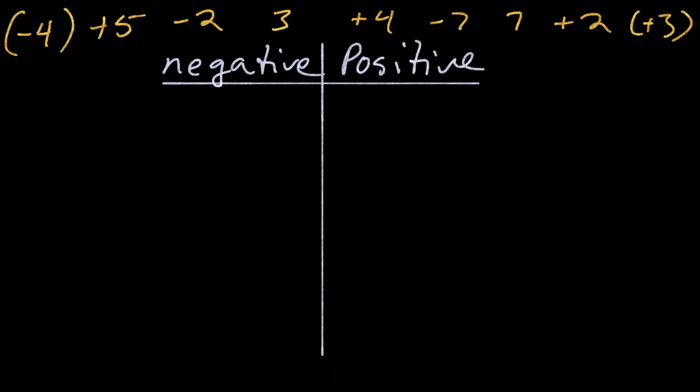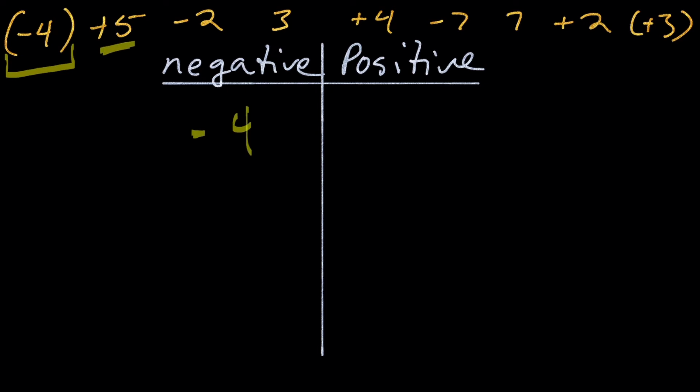All right, so now when I'm looking at these numbers, which ones are positive and which ones are negative? Oftentimes if it's written in an equation, you will see a negative number written in brackets so that it is not confused with subtraction. So -4 would be a negative number.